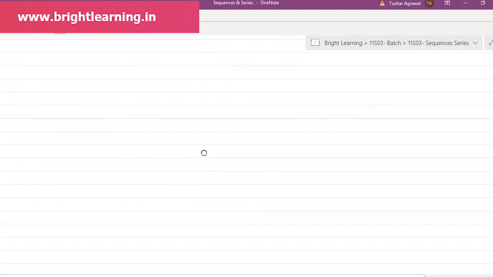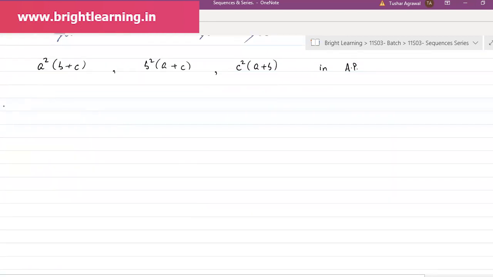The last question. This question is in your NCERT only.